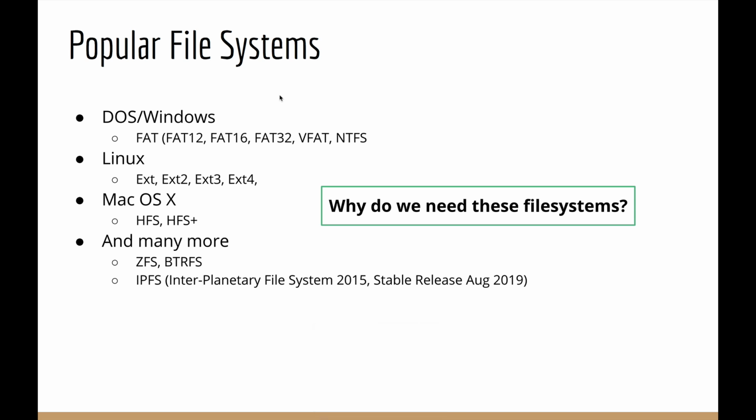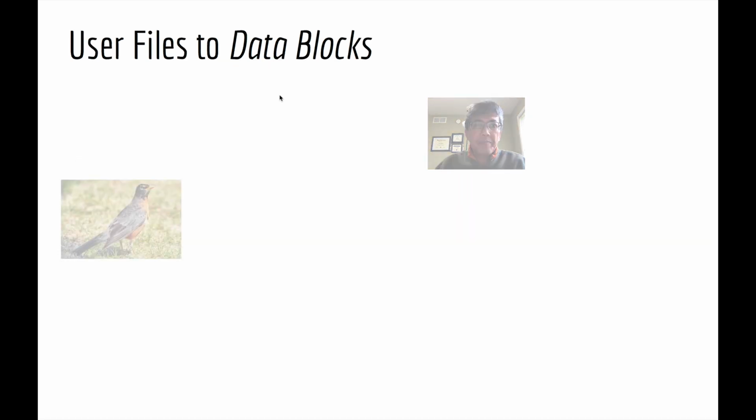And Linux has several variants of ext, ext2, ext3, ext4, and then Mac OS X uses HFS, Hierarchical File System. There are many other file systems that are becoming popular like ZFS or Butter file system, which is based on B-trees, BTRFS. But the question is, why do we need to use these file systems?